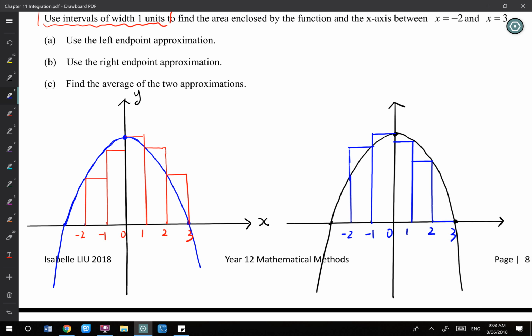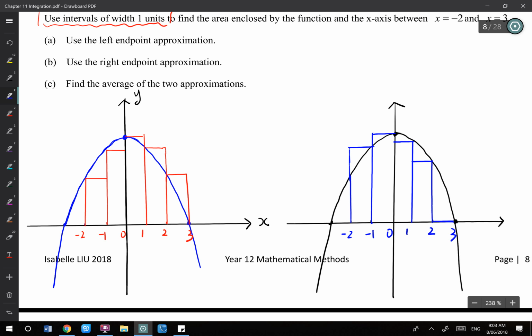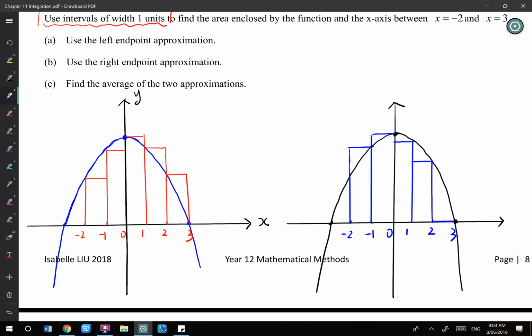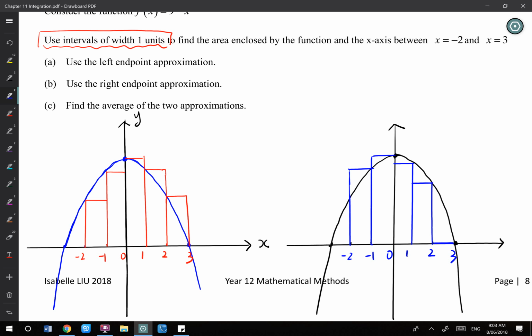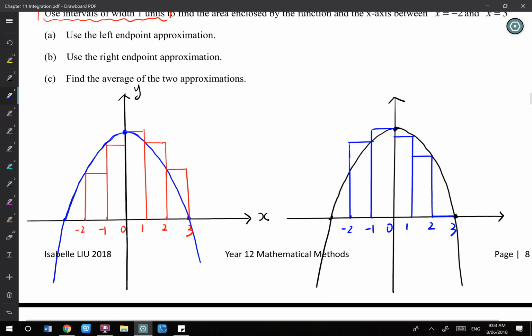This is my right hand side approximation. Just compare the shape.